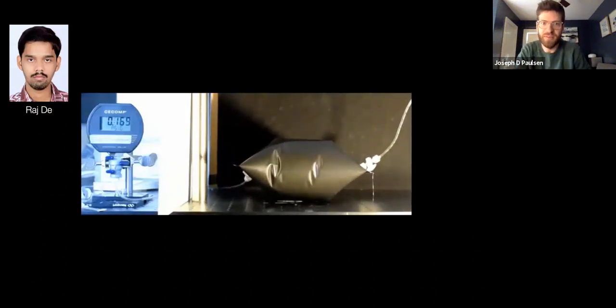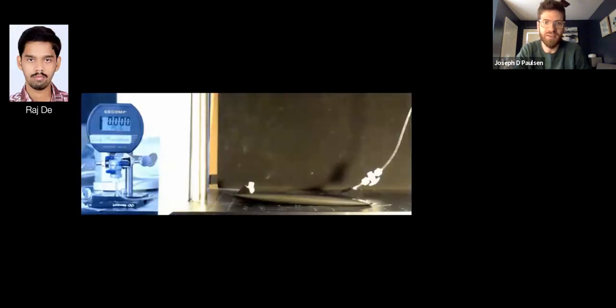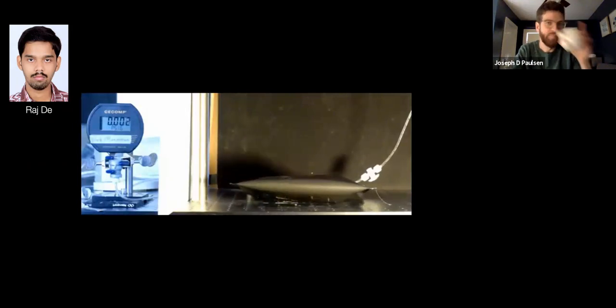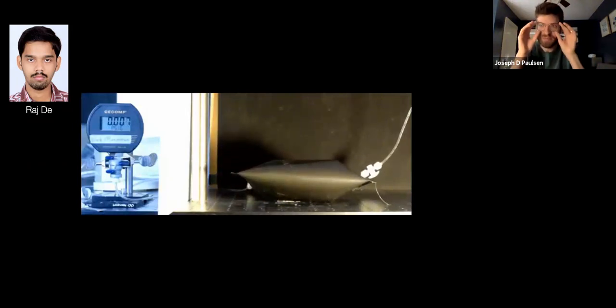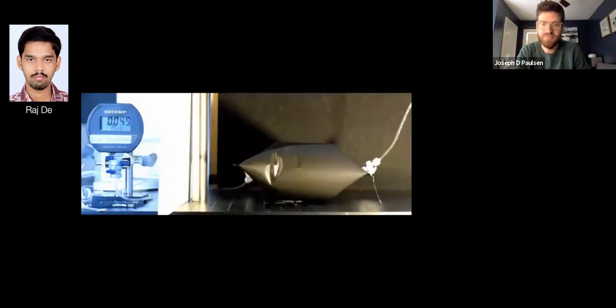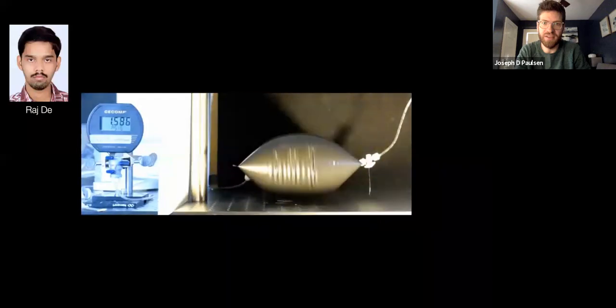Again, moving from these sharper diamond-shaped crumples into the smoother undulating wrinkles. So now we're seeing the transition finally to the wrinkled state here at high pressure.